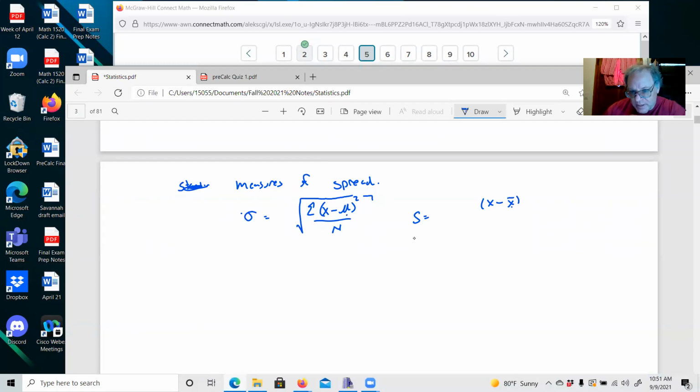Population mean, sample mean. Okay? Population standard deviation, this was sigma. Sample standard deviation, S. And one of the questions I'll have is, can sigma or S be negative?